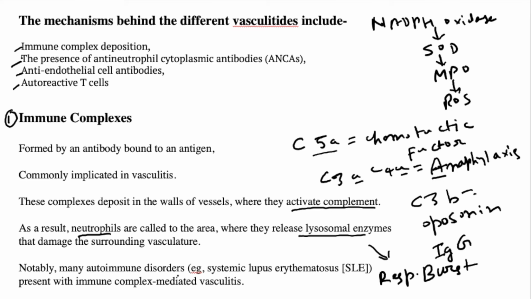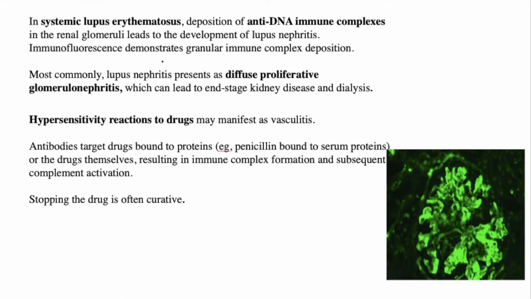Notably, many autoimmune disorders like SLE present with immune complex mediated vasculitis. For example, in the case of SLE, there is deposition of anti-DNA antibody immune complex. They form a complex with our own body antigen or tissue, that is the renal glomeruli.